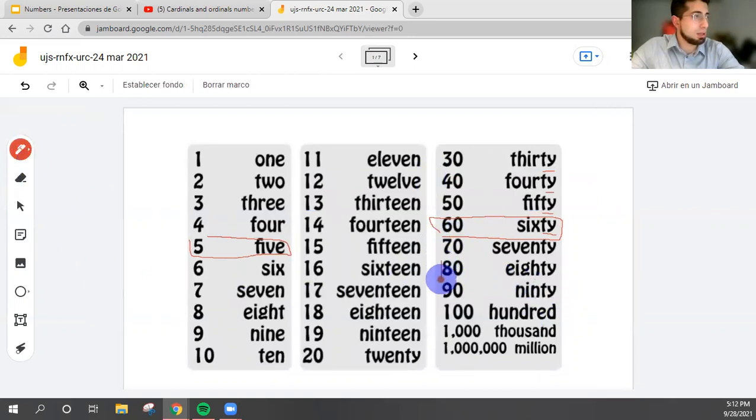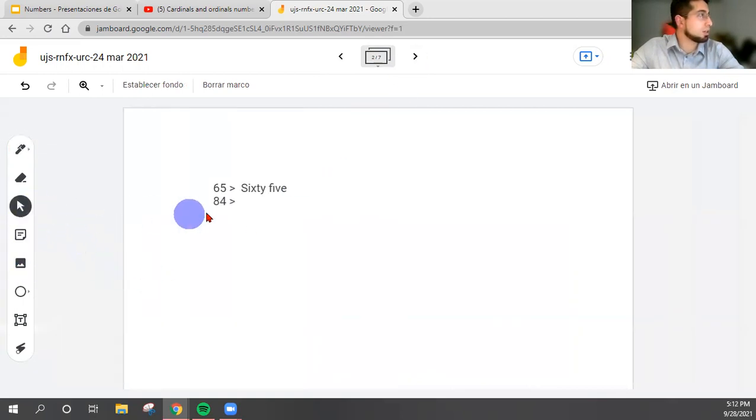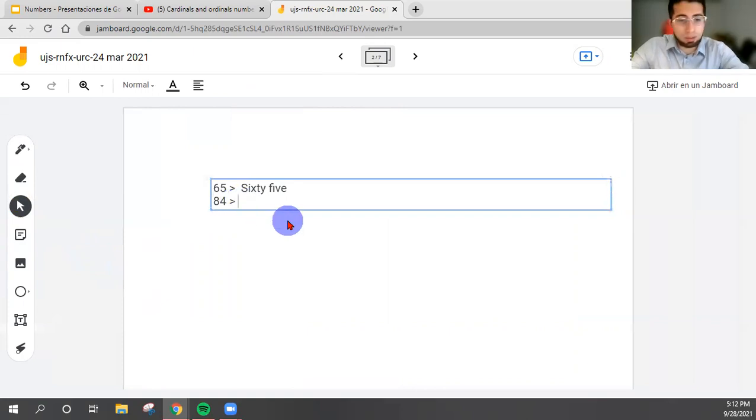Aquí está, miren, acá se escribe así, 80, y el número 4, ¿cómo se escribe? 4, yes, okay, so we come here, venimos aquí, chicos, and we do it, right? So we write 80, 84, right?